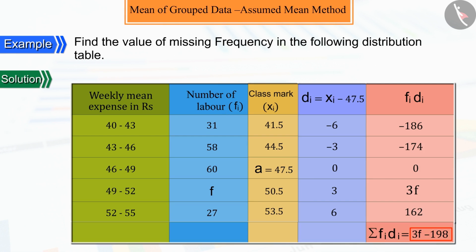and get their sum equal to 3f minus 198, while the sum of corresponding frequencies is obtained as 176 plus f.